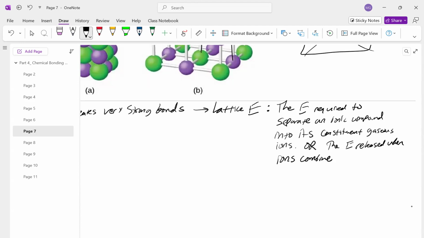The value is the same, it's just describing reverse processes.